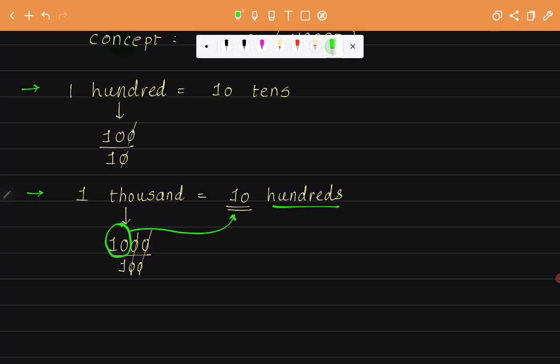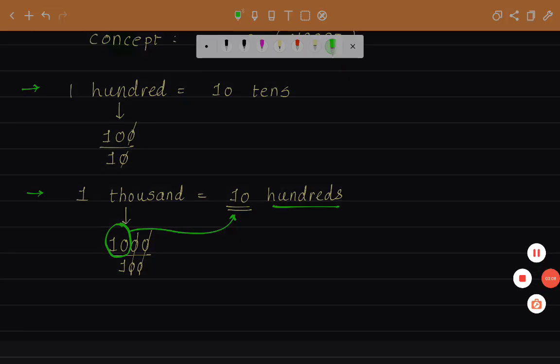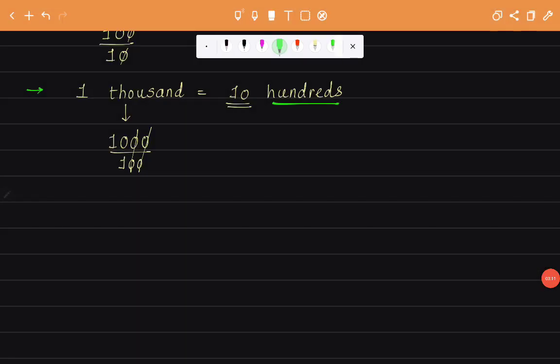Now in the same question you are given tens also. So let's talk about the next one. It is given that 1000 is equal to 100 tens. How do we know that there are 100 tens involved in 1000?